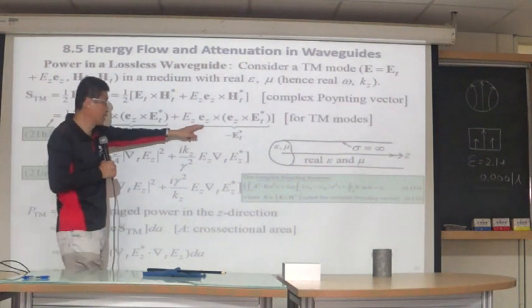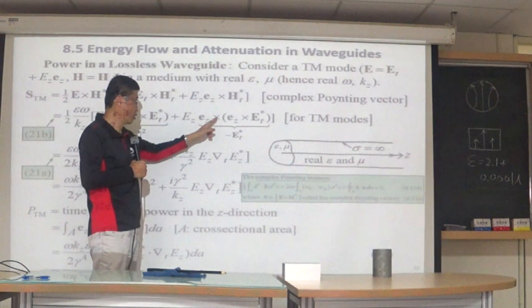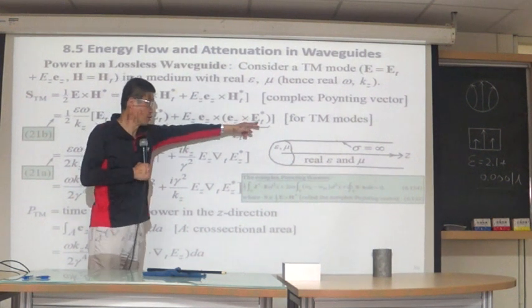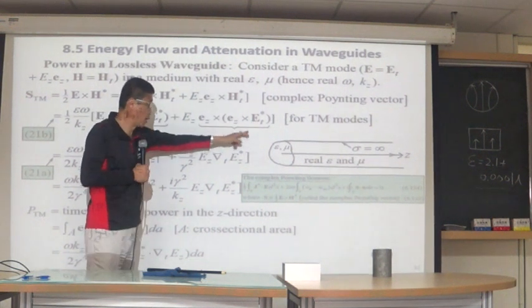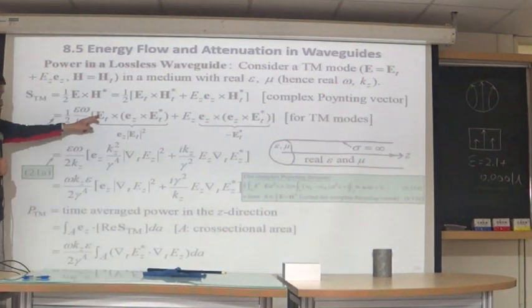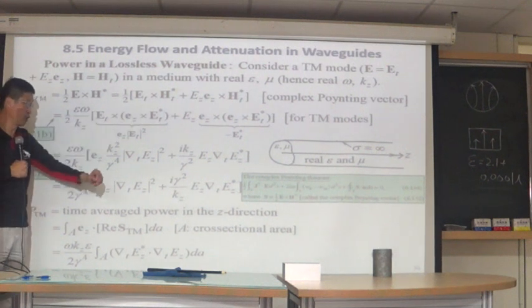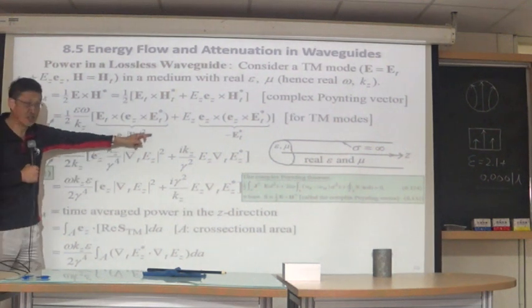This one gives us a simple relation. Ez cross this one gives us this one only. And E transverse cross Ez cross E transverse gives us this one.